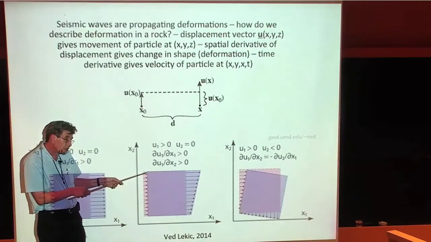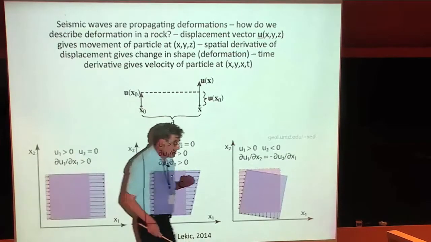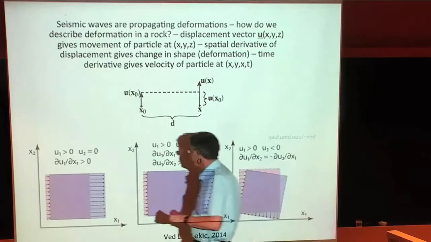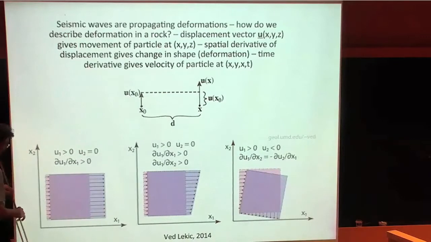I'm sorry, yeah? Well, I think there's a shear strain in the left one also. No, I don't think so. Because the shape changes, there should be. If you draw a rhombus inside the square, you will see that in the leftmost case, when you stretch it, the internal angles of that rhombus will change, and therefore there is shear there.